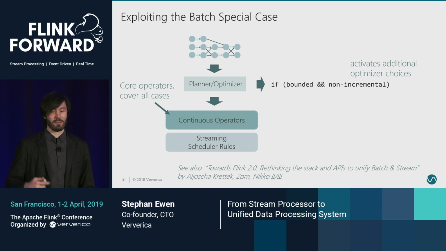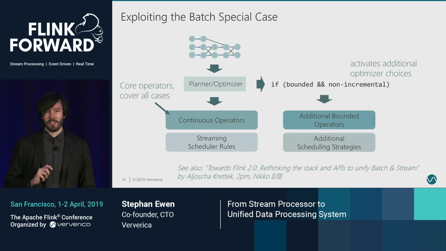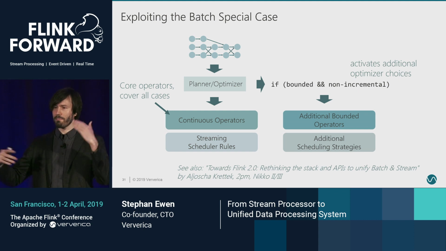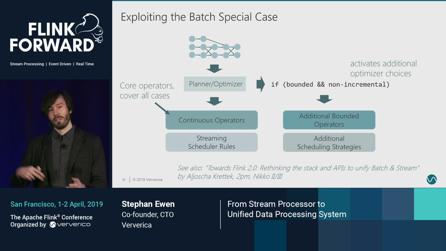If this is a bounded program and you're not interested in incremental aggregates, because we're not dealing with watermark triggers or event time or processing time triggers, then we just have a few additional optimizer rules that select a few additional choices. It will actually activate the hybrid hash join operators. And in most cases, by pure cost trade-offs, these are just going to replace the streaming variants of the operators.